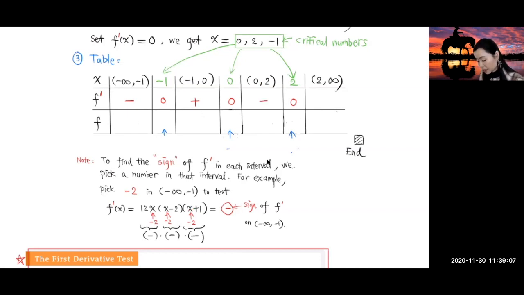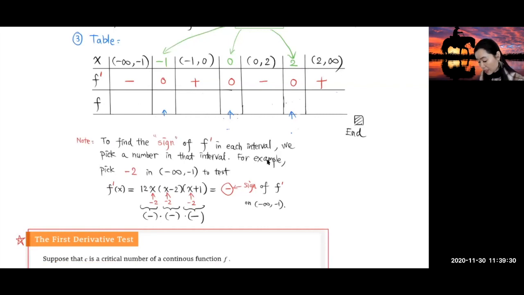And substitute a number in this interval, say 3. Let's pick 3 and substitute 3 here. And you see the sign is positive for the first derivative. You kind of see there's a pattern, right? It looks like they alternate right here: negative, positive, negative, positive. Notice that this is the case when you have this expression here, where each factor is linear: x to the first power, x minus 2 to the first power, x plus 1 to the first power.